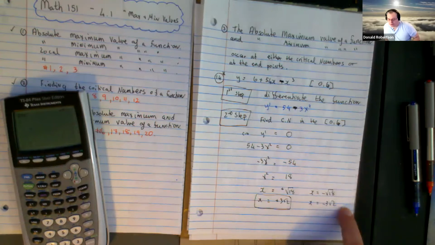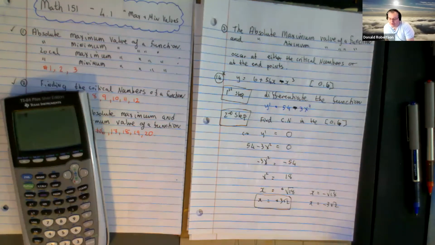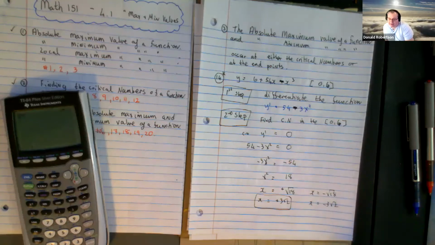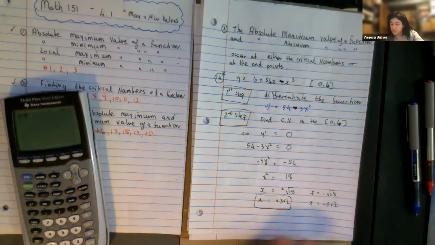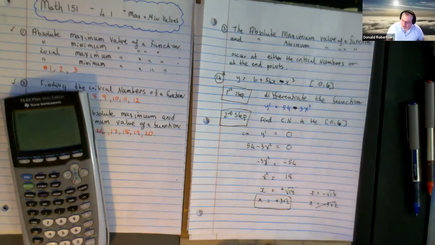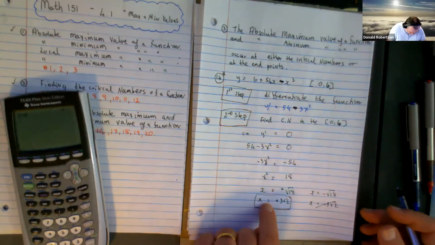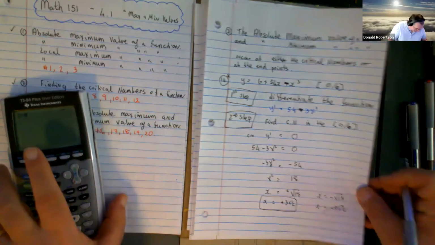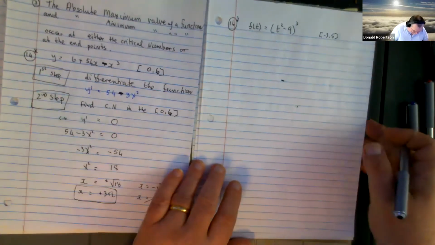Because normally that would be a good usable number, but not this time. Why is this -3√2 being kicked out and not going to be looked at? It's not within the range that we're given. So that one dies. So we have got critical numbers in that range, and there's only one of them.